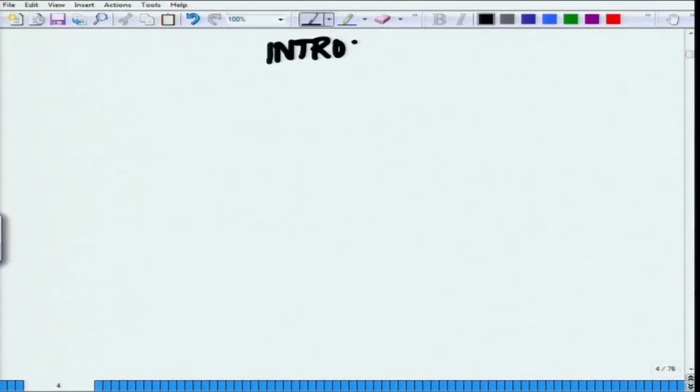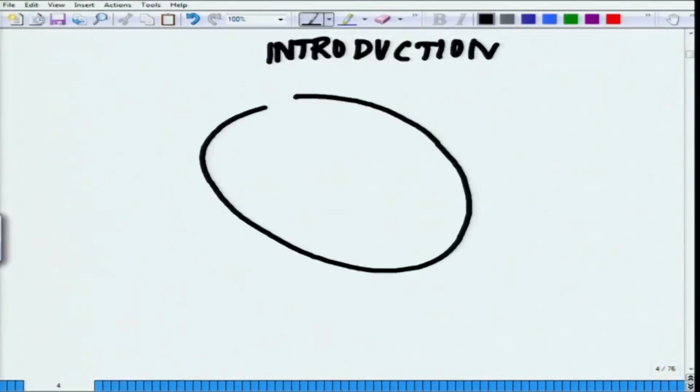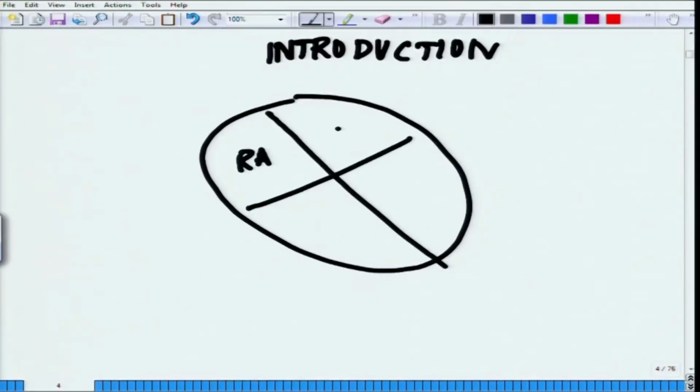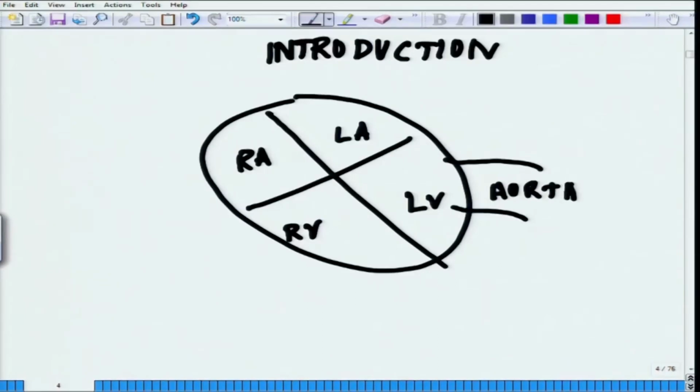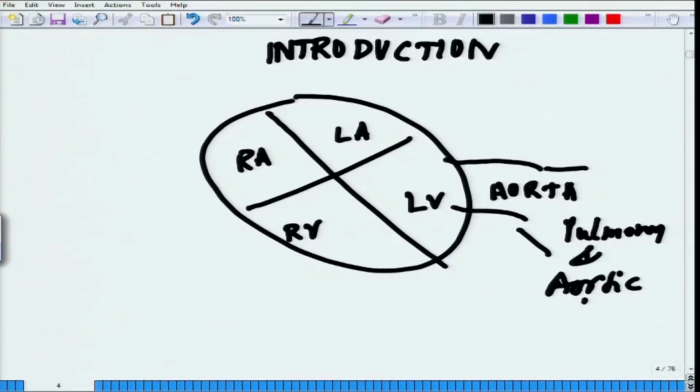Let's start with the introduction. As we have already talked about the heart, which consists of 4 chambers, we know that, right atrium, left atrium, right ventricle, left ventricle. So what is happening? From the left ventricle, blood comes out through the aorta and reaches the pulmonary and aortic trunk.